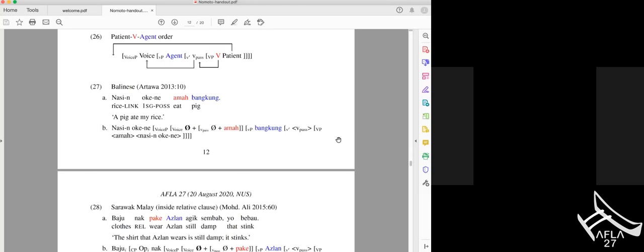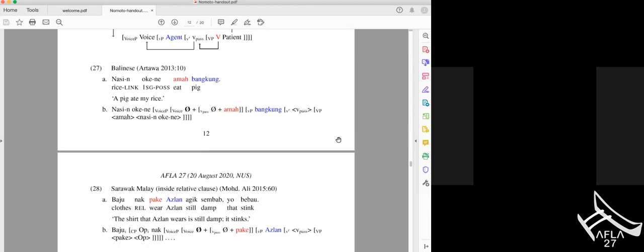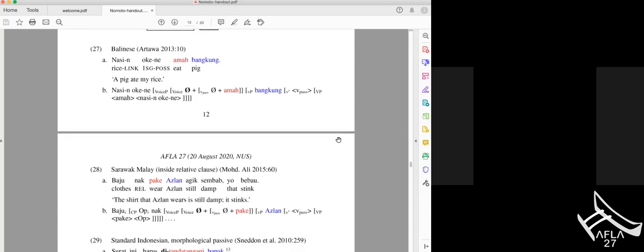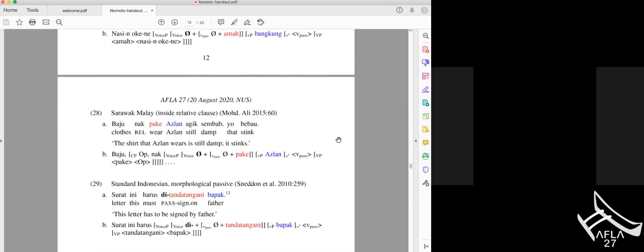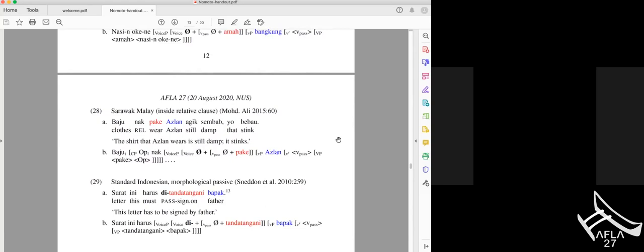Here I have a couple of languages. Balinese, as in 27, and Sarawak Malay also have the patient verb agent order. Standard Indonesian here is not an example of the morphological passive, but an example of the morphology.